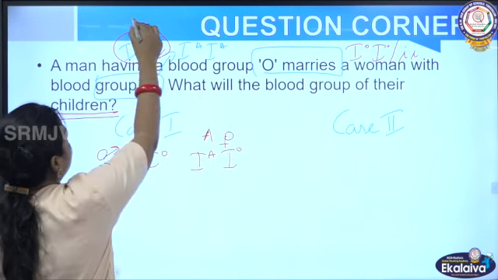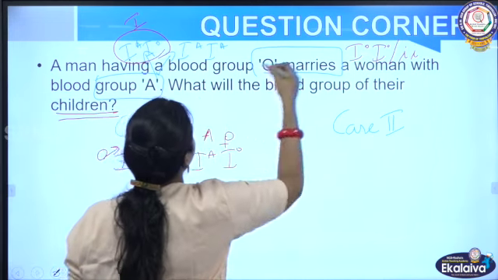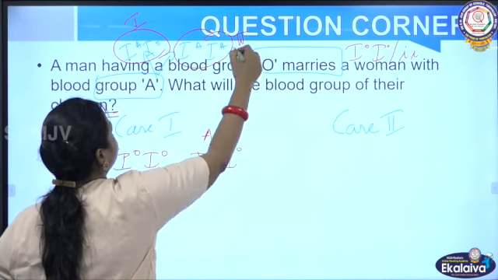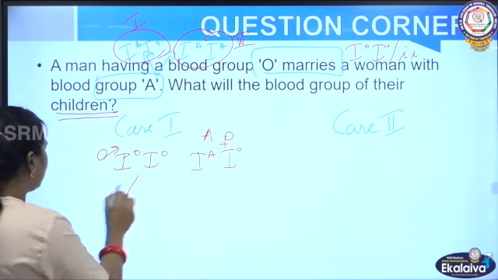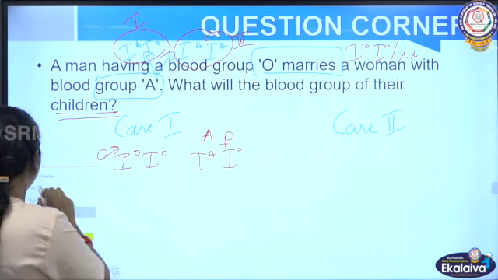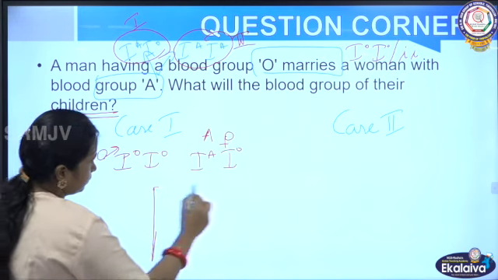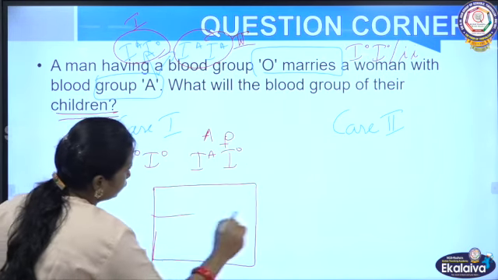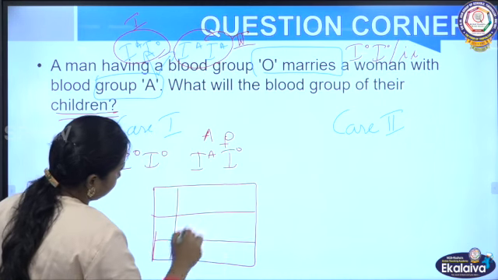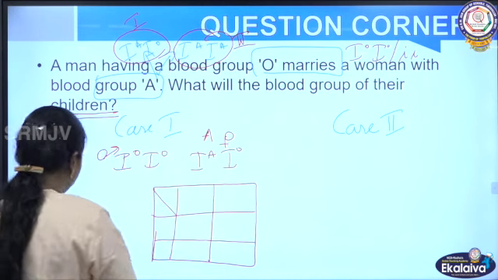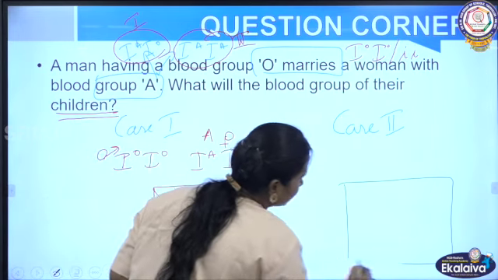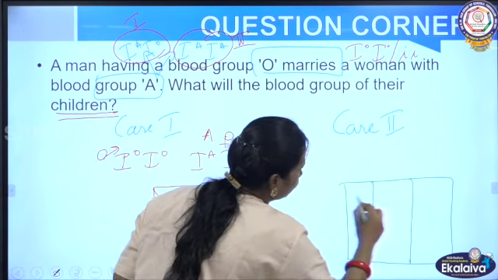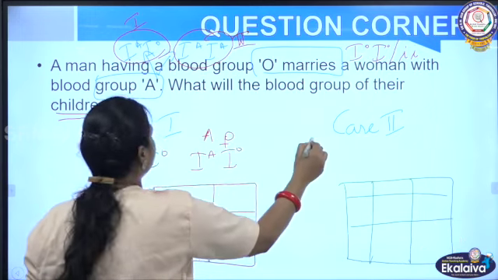I am going to take this one as case 1, and this other one as case 2. Now pull out the gametes. Let us do it directly instead of pulling out the gametes, and we'll see the offspring. Similarly, let me draw the case here, so simultaneously we'll complete both.